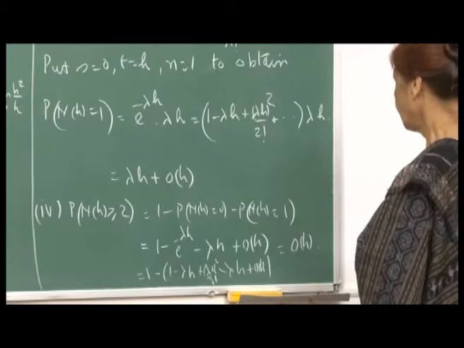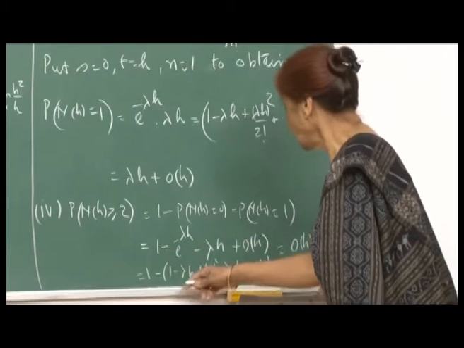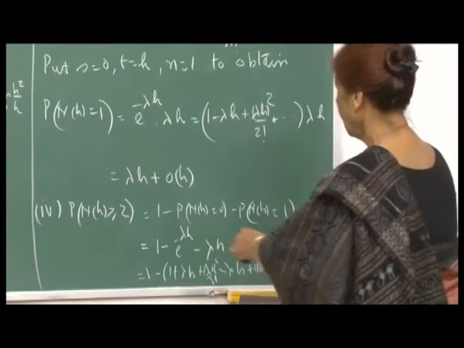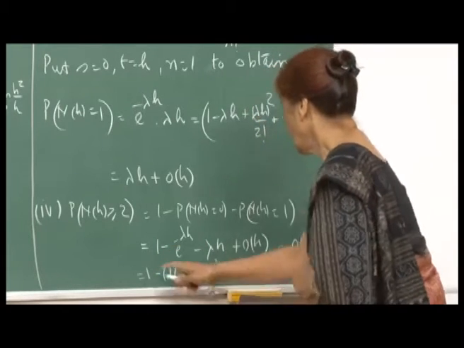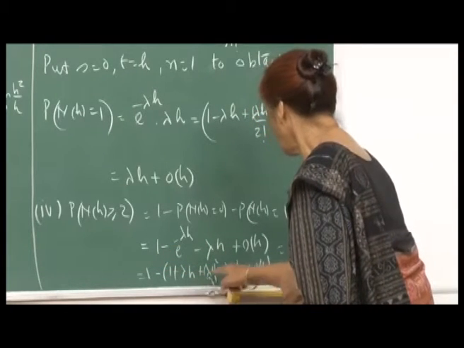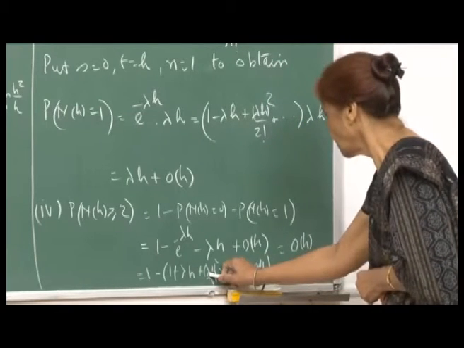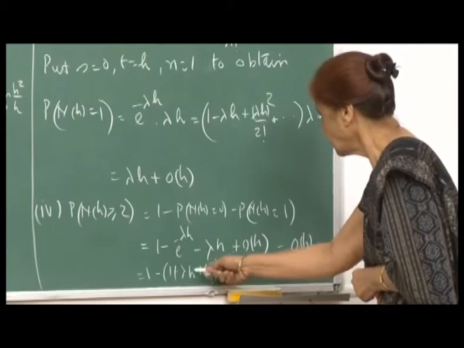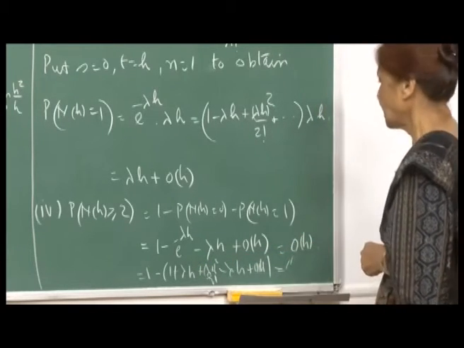So, you have a minus sign here. So, this becomes plus, because minus and then 1 minus lambda h. Therefore, the 1 cancels out, lambda h minus lambda h cancels out, and you are left with terms of order higher than h, and this is also o(h). So, the whole thing is o(h).